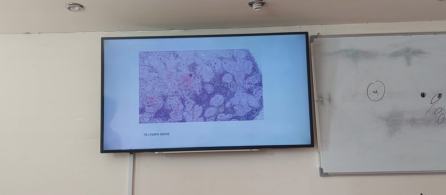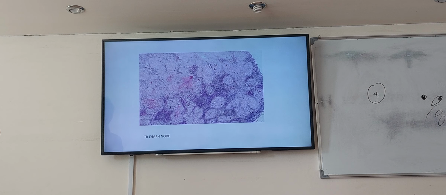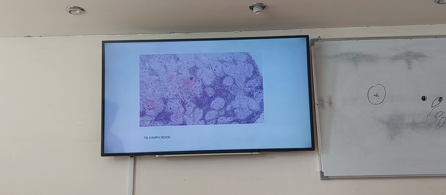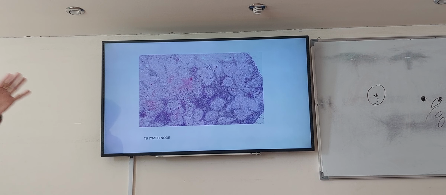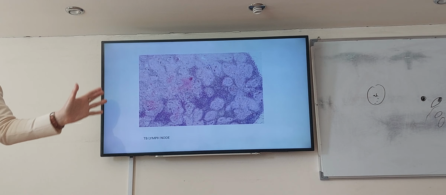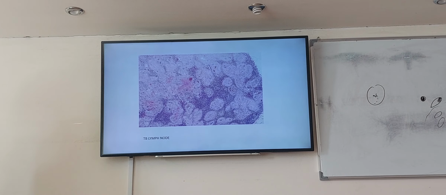If you see any accumulation of pale color, look carefully. If there is central caseous necrosis with epithelioid cells, that is tuberculoid granuloma. It can be small or big, the size is not important. Variable sizes of granulomas can be seen in any specimen.